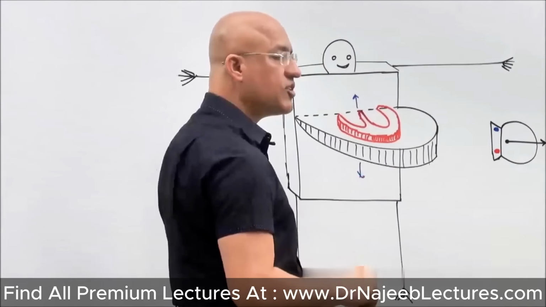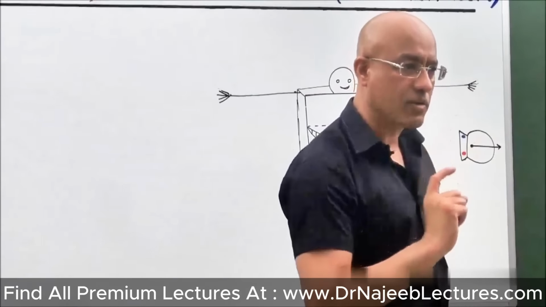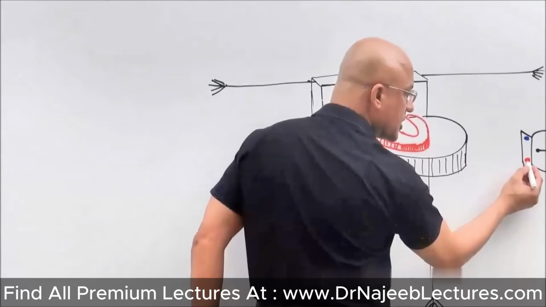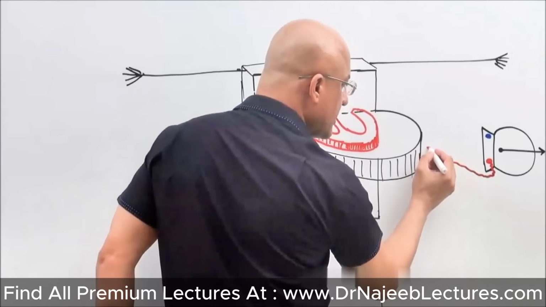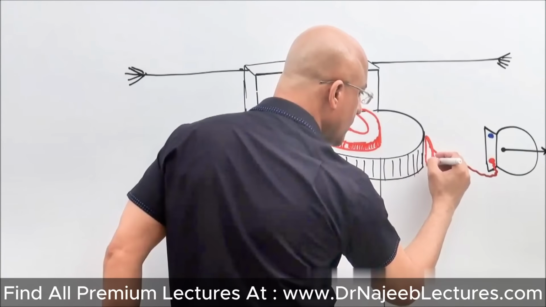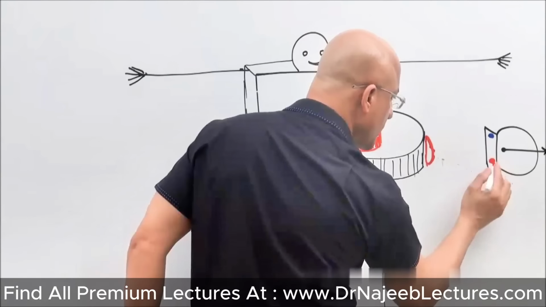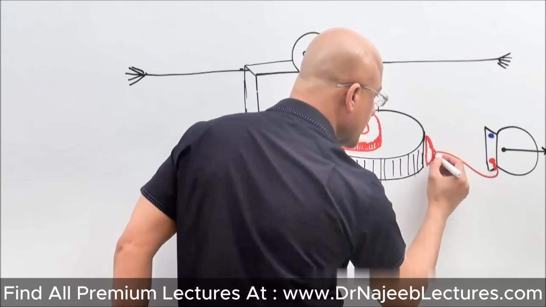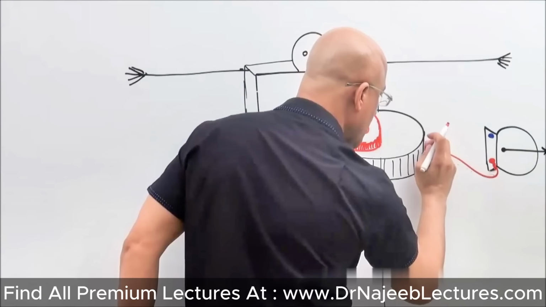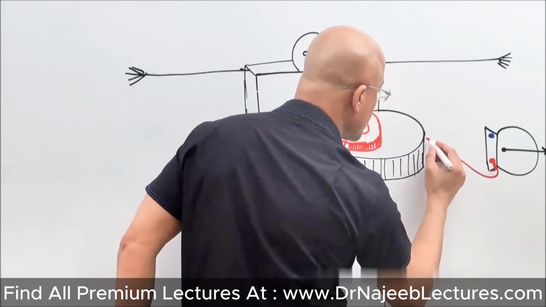Now, when we are constructing a chest lead, number one, we should have an exploring electrode. The exploring electrode is connected to the positive terminal of the machine, and this is applied to the surface of the chest wall. This is also called the exploring electrode or positive electrode.